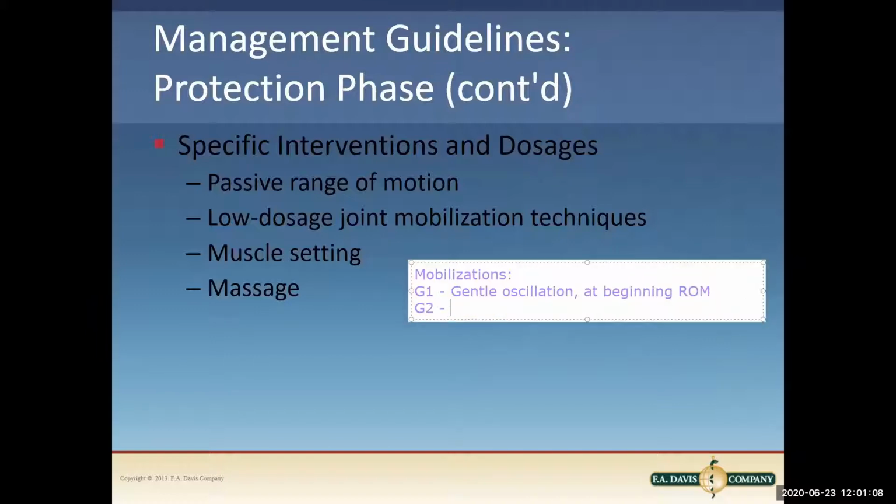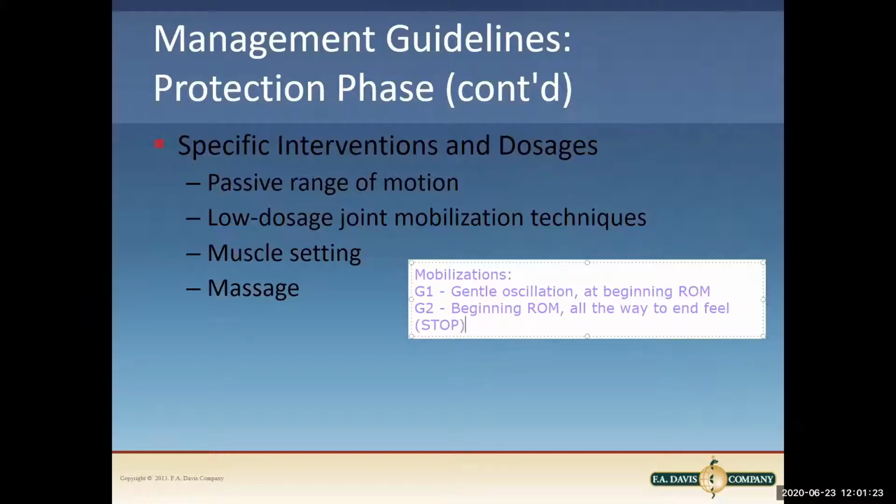Grade 2 is going to start at that beginning range of motion and go all the way to the end feel, and it's going to stop there. So it's a little bit more, right? It has a little bit more range of motion to go through, a greater curve there.